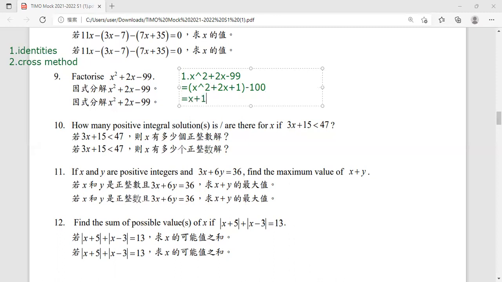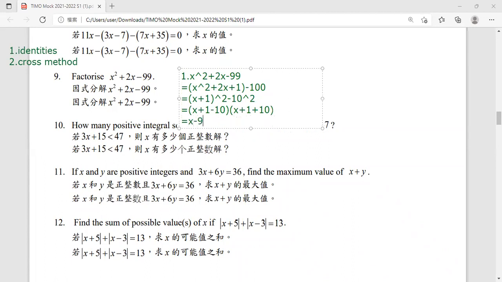This is x plus 1 the whole thing squared, and then minus the square of 10. Something squared minus something squared is the difference of squares identity, so you can put x plus 1 minus 10 and x plus 1 plus 10. Which is equal to x minus 9 times x plus 11.